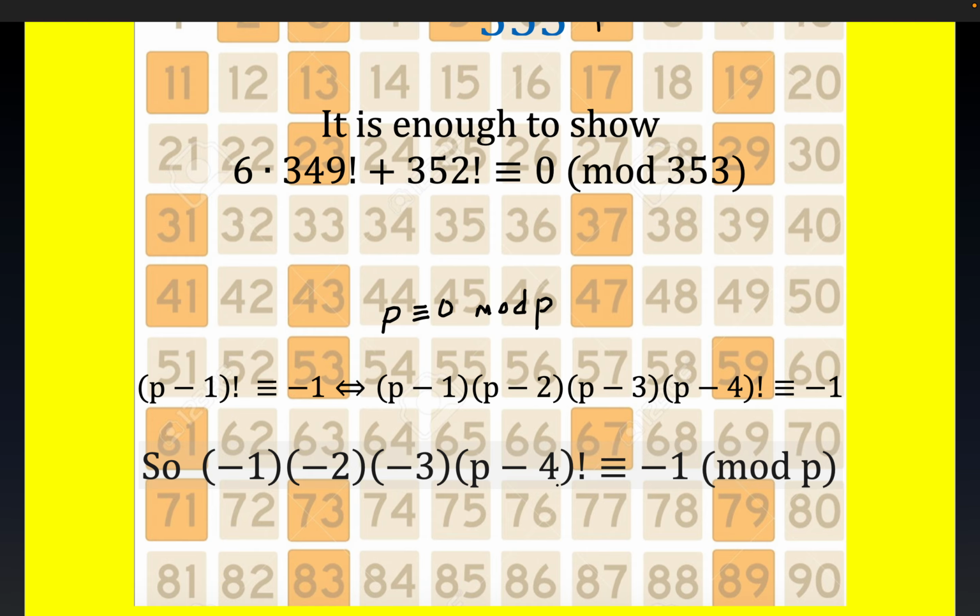Now notice in this context, P minus 4 would be the 349 you see right up here, okay? So what you get is minus 6 times P minus 4 factorial. I'll just write down the result here. You'll end up with 6 times P minus 4 factorial is congruent to 1.